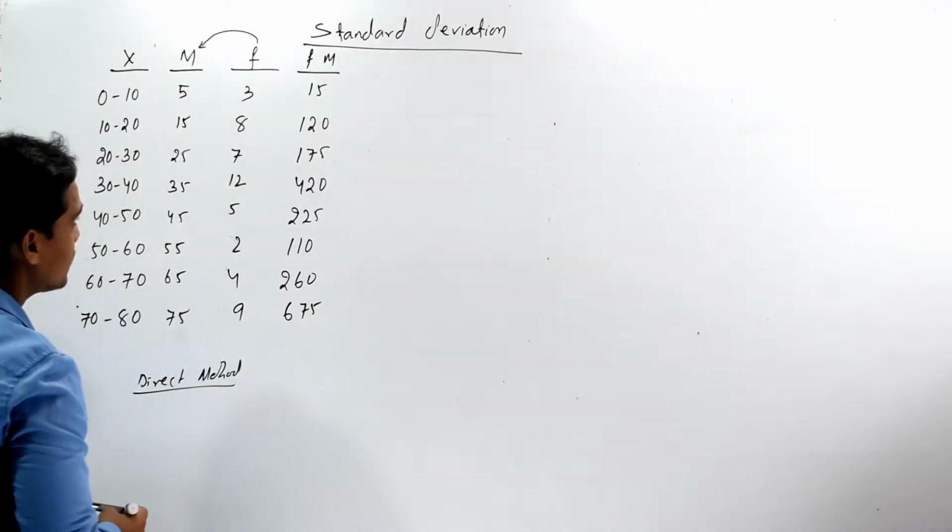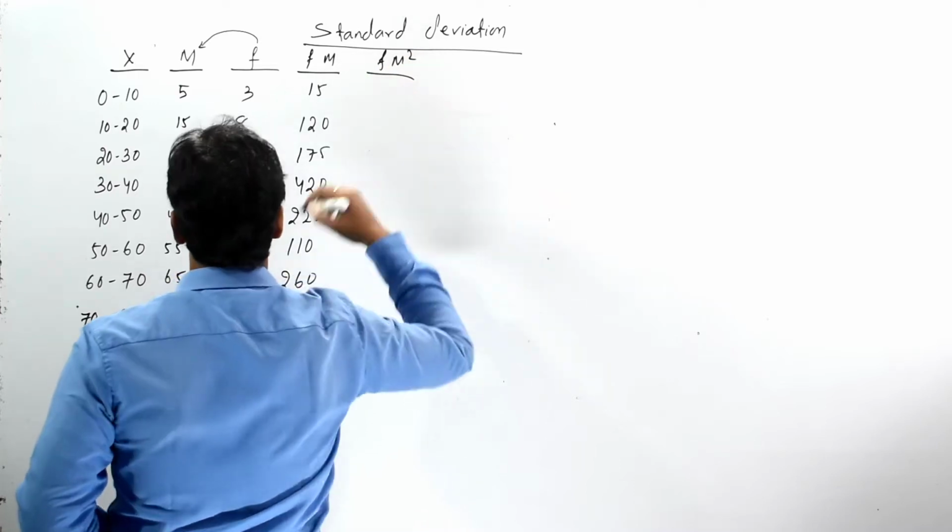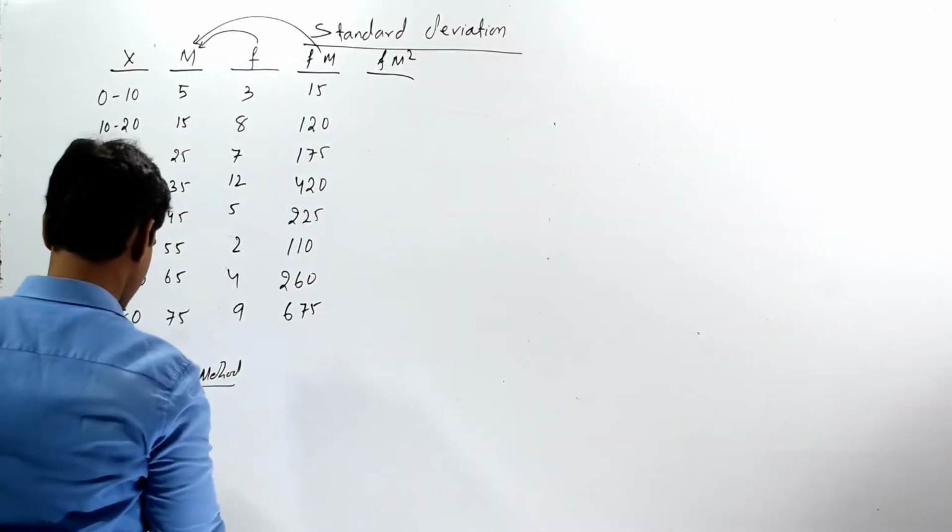Now find out fm square, that is fm into m.